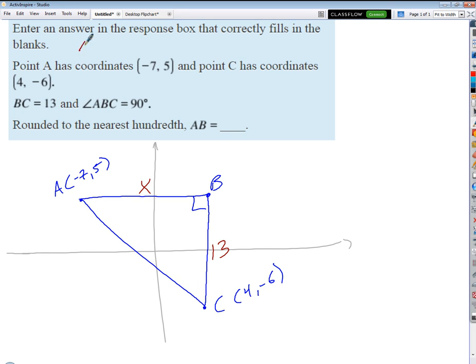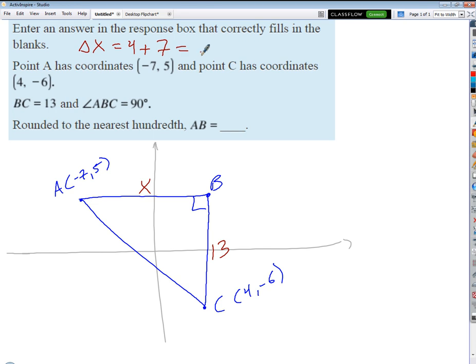What is delta X going to be in this case, if we're going from A to C? What are the two X values? -7 and 4. Which one's bigger? 4. So we always take the bigger one minus the lesser one, right? So we're going to get 4 minus negative 7, makes it a plus, 7.